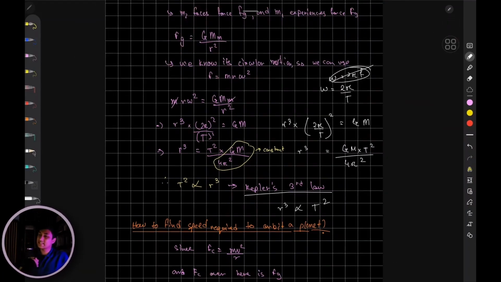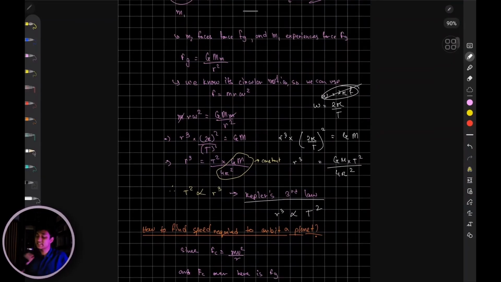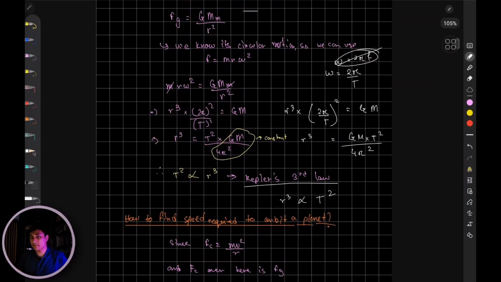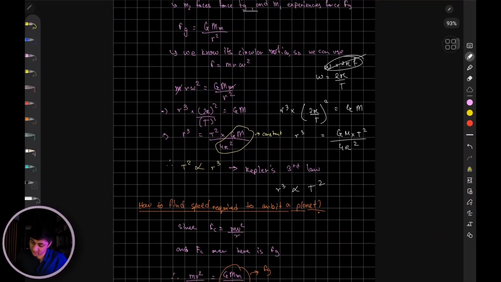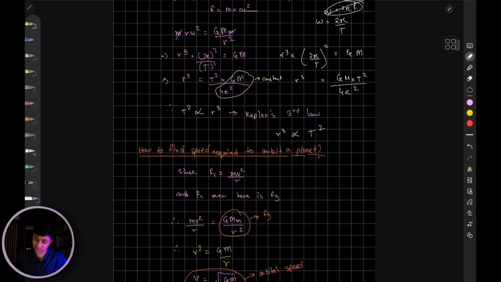Now, what this tells us about the orbit is if you increase the separation, your time period of the orbit is also going to increase. Therefore, if the moon had a greater separation away from Earth, it would have a greater time period. And you can also say the opposite. If it had a smaller time period, its radius would have to be smaller, right? So that's what we can understand from this proportionality.